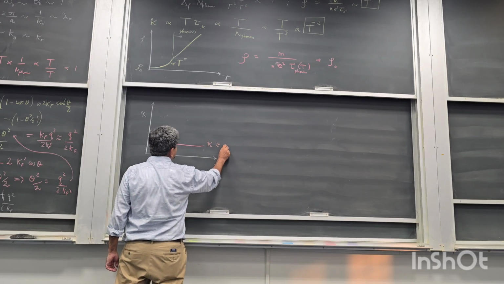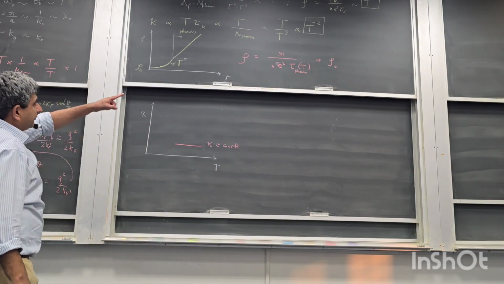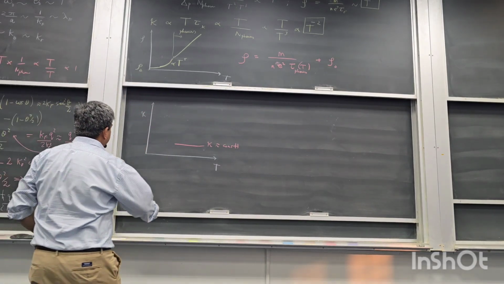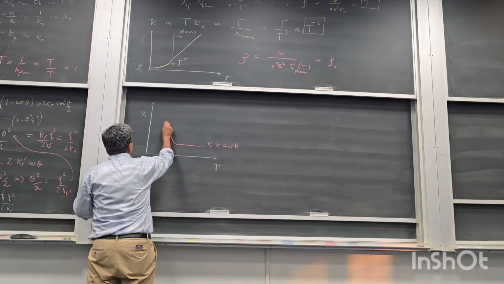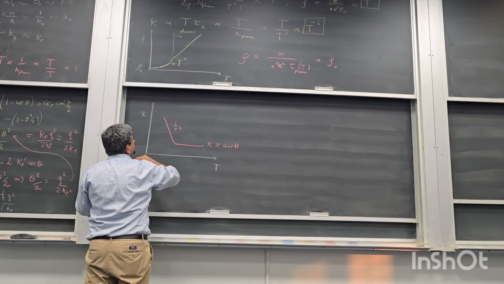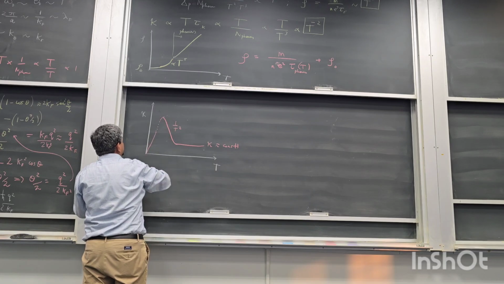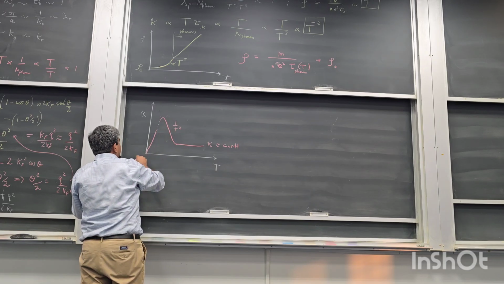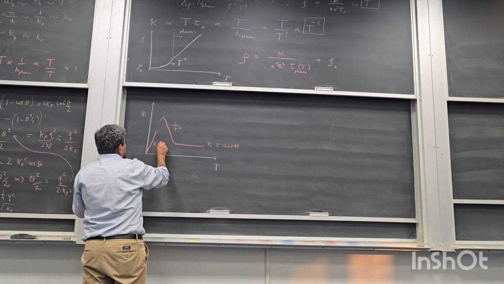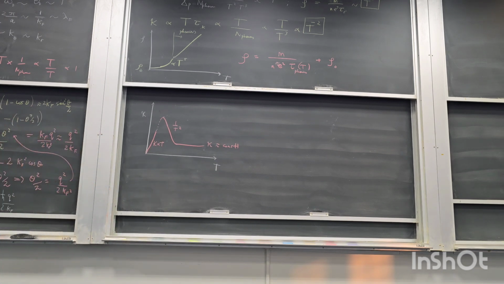This is constant. Then at intermediate or low temperatures, you have this 1 over T square dependence. So you get an increase. But then your impurities kick in and you have a kappa that is proportional to temperature. So this is the general curve for the thermal conductivity.